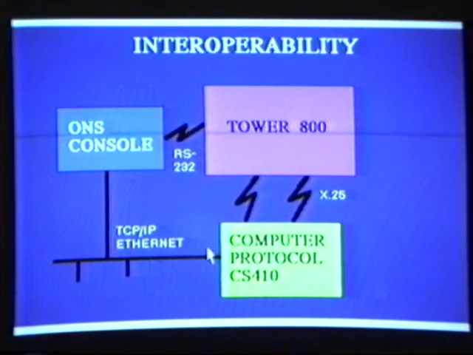The TCP/IP Ethernet attachment on CS410 is used to provide a second connection between console and Tower 800. In addition, the CS410 is being used for performance testing of X.25 software available from SC San Diego. The NCR Net Manager-based system and network control and management for Tower and CS410 is under development and testing.